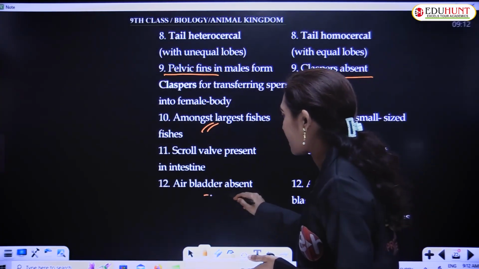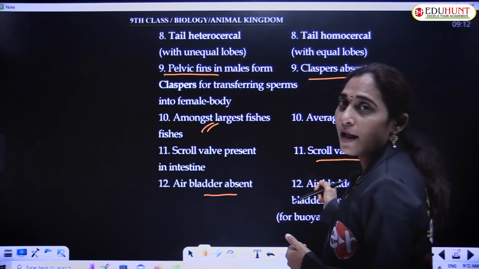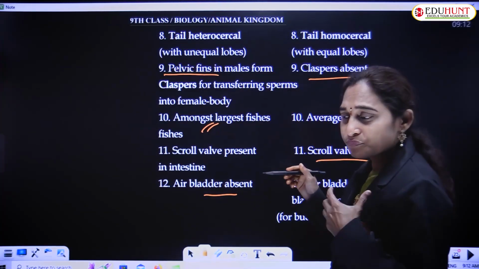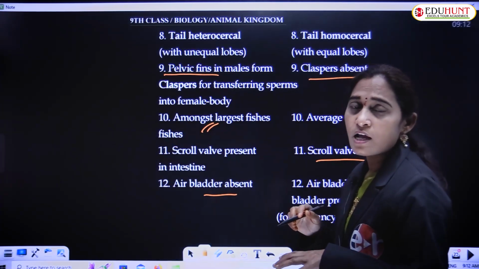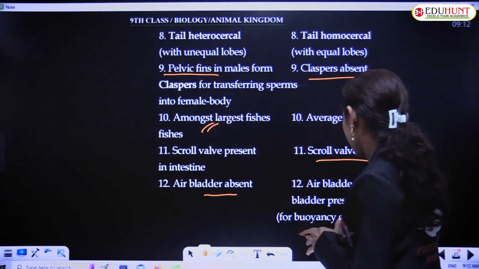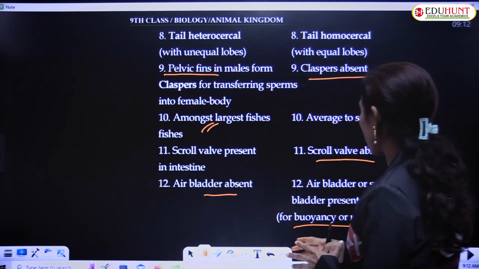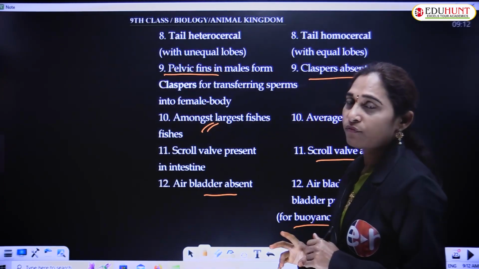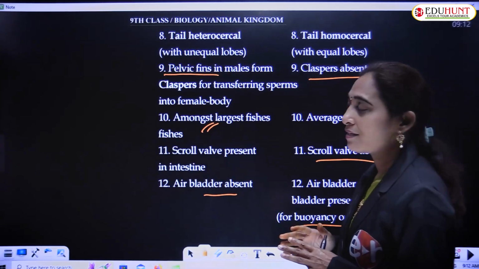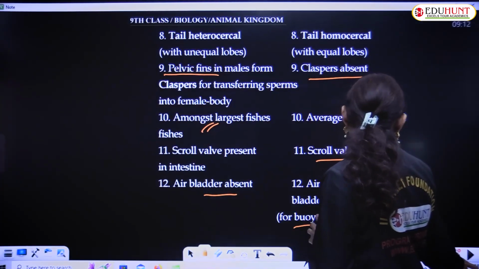Air bladder is absent here, whereas air bladder is seen in Osteichthyes. In some Osteichthyes fish like lungfish, the air bladder or swim bladder is present, and it is meant for buoyancy, that is balancing, and also for respiration.